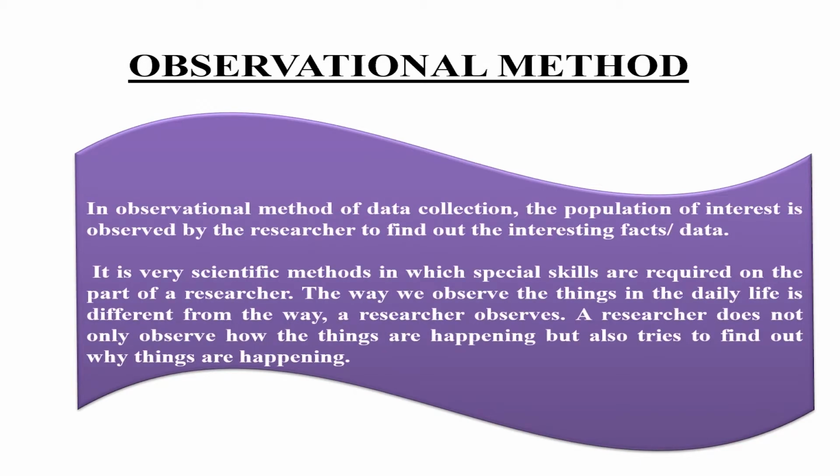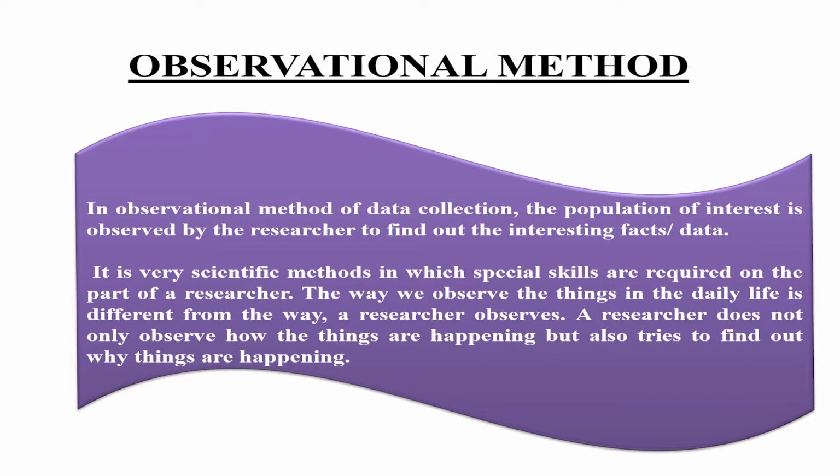In observational method of data collection, the population of interest is observed by the researcher to find out the interesting facts or data. It is a very scientific method in which special skills are required on the part of the researcher. The way we observe the things in daily life is different from the way a researcher observes.